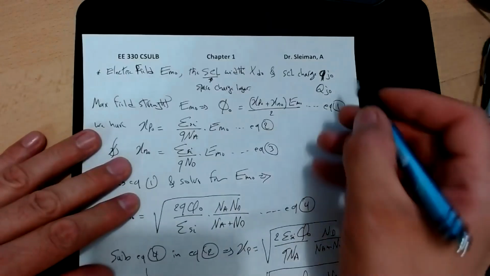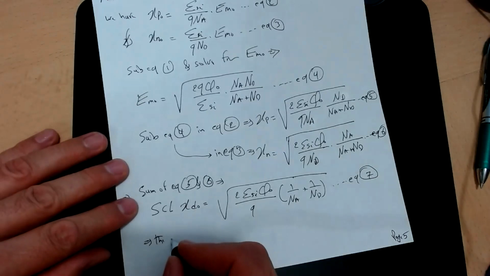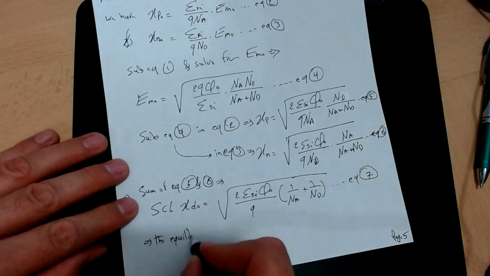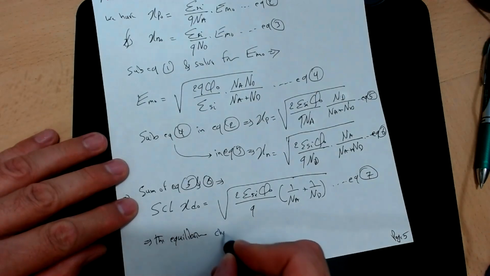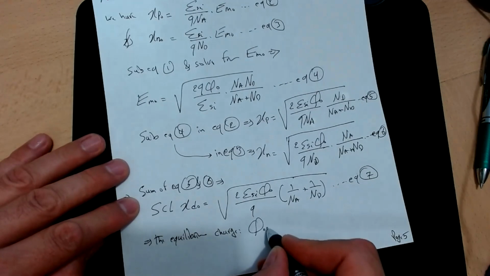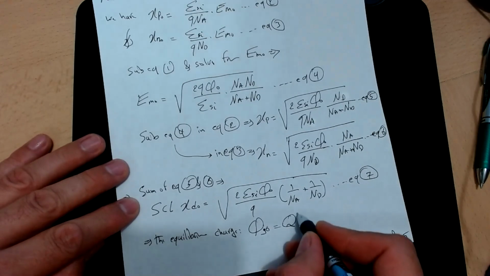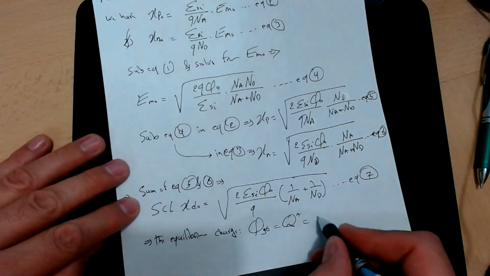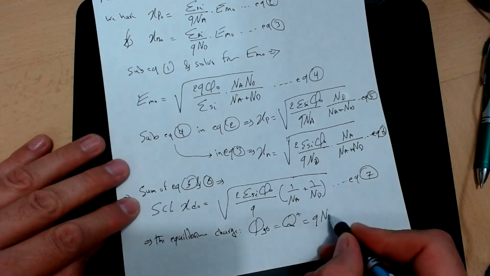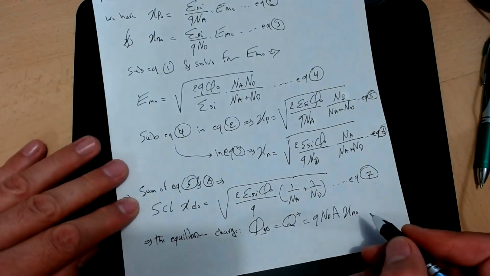So now Q J0, the equilibrium charge, this is QJ0, which is also Q positive, is equal to Q ND multiplied with the area and XN0.